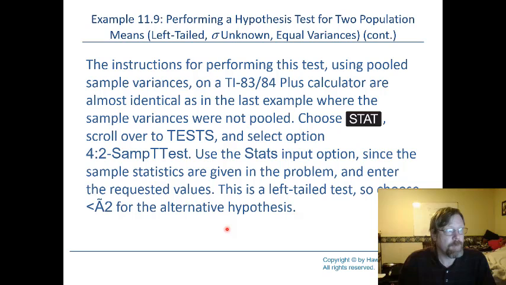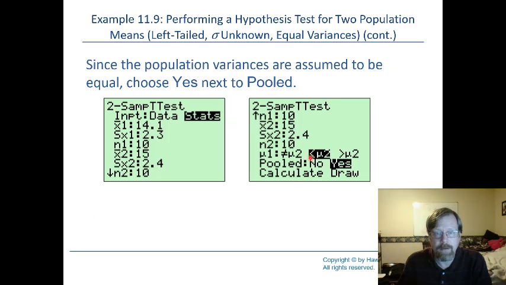Again, we can do this in the calculator. So this is a left-tailed test, so we need to select mu1 less than mu2, right? This right here. Select that. Choose yes next to pooled.